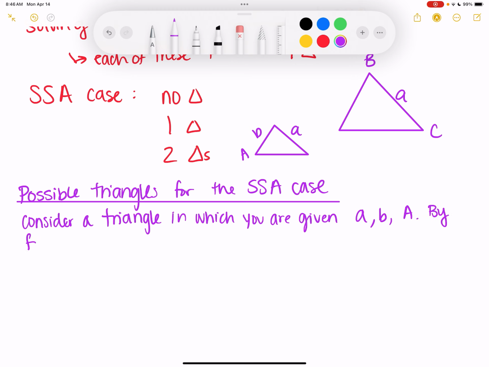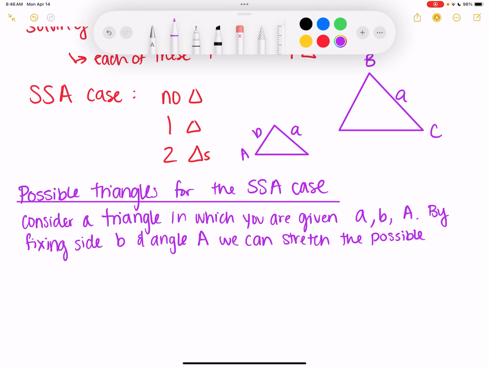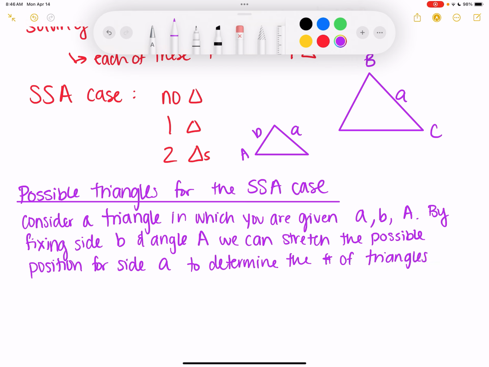By fixing, meaning keeping it set, side B and angle A, we can stretch the possible position for side A to determine the number of triangles that will be formed.